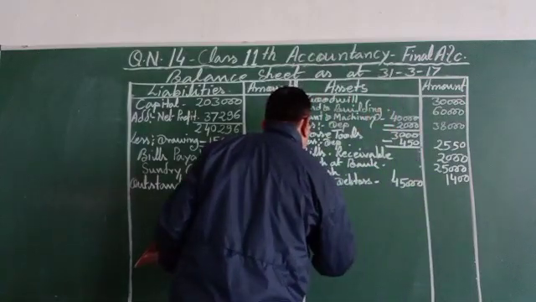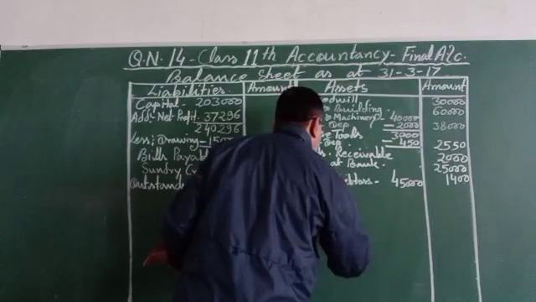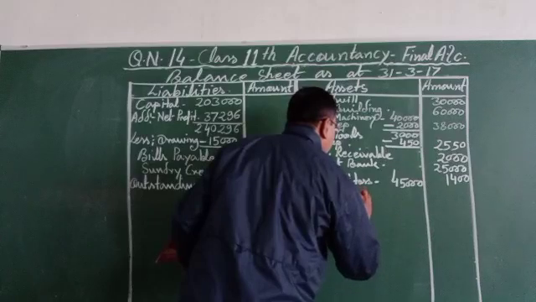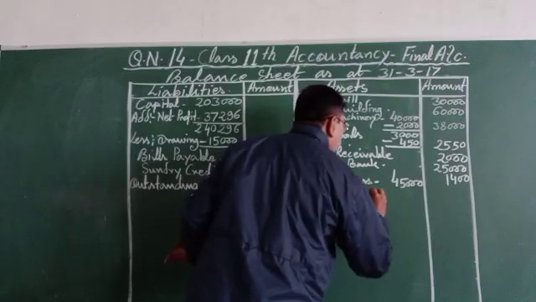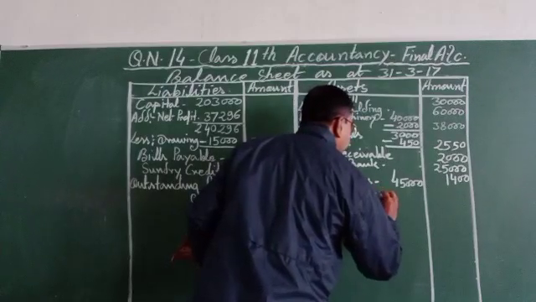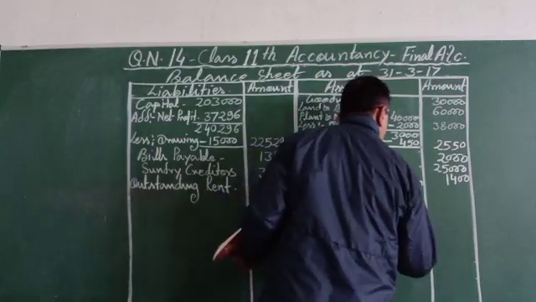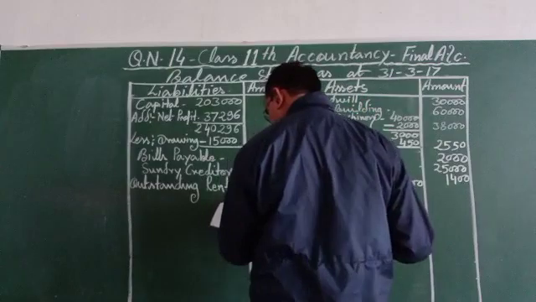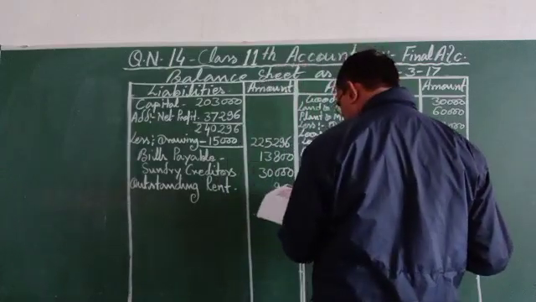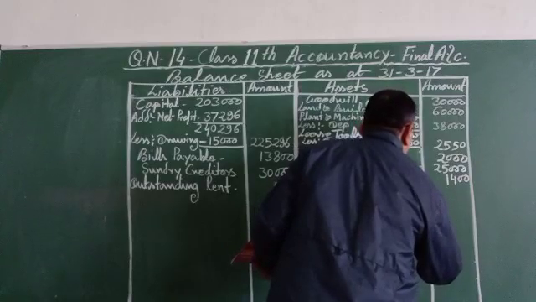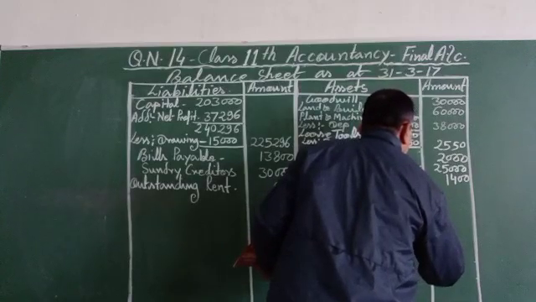Less provision for bad debts at 5%, 2,250.